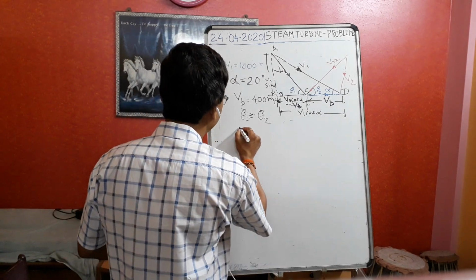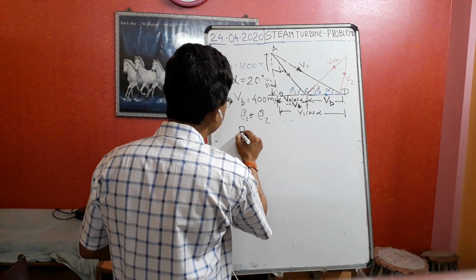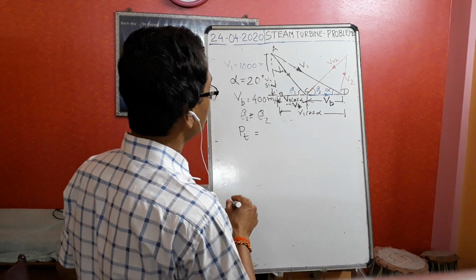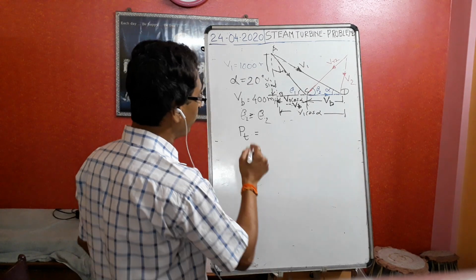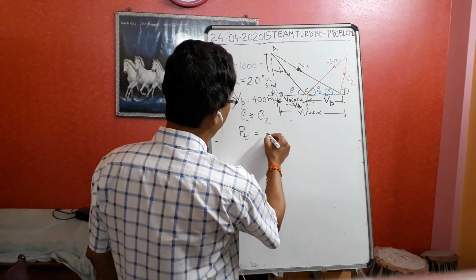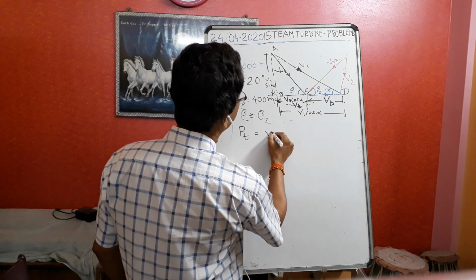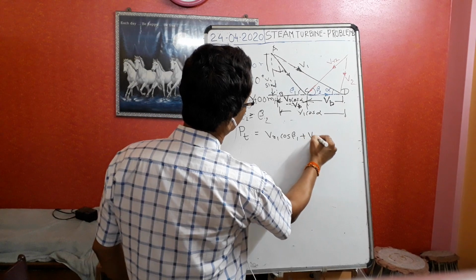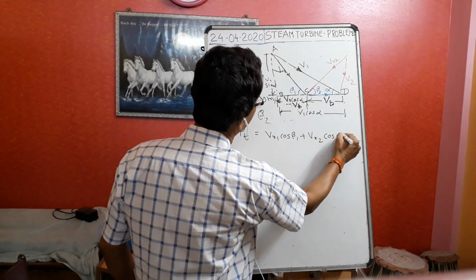Now I will find out the tangential force, that is the PT. So tangential force is nothing but, as already done in directions, equal to VR1 cos beta 1 plus VR2 cos beta 2.